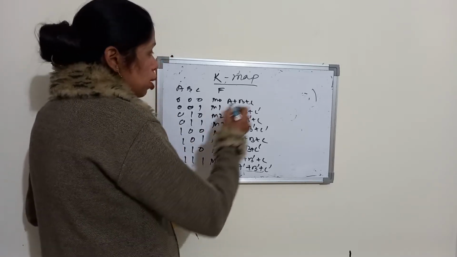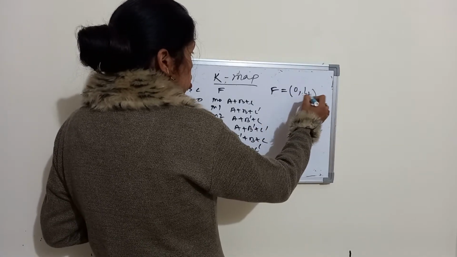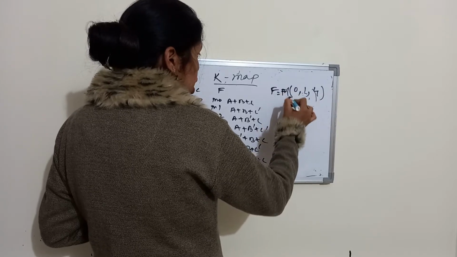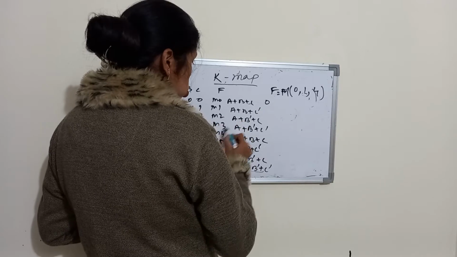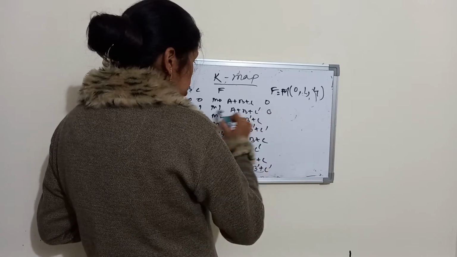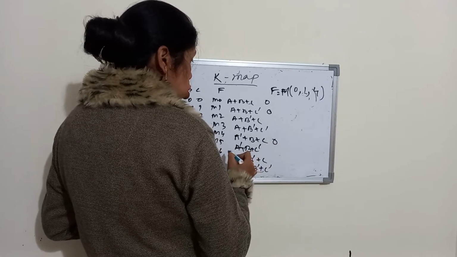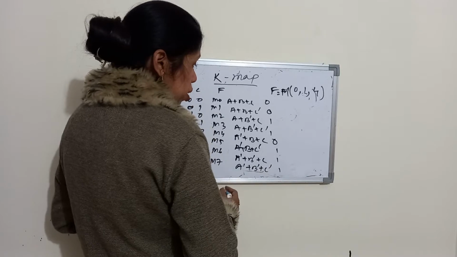So suppose you have one function, capital M 0, 1, 4. That means at M0 I have logic 0, at M1 I have logic 0, at M4 I have logic 0, and in all other cases I have 1.